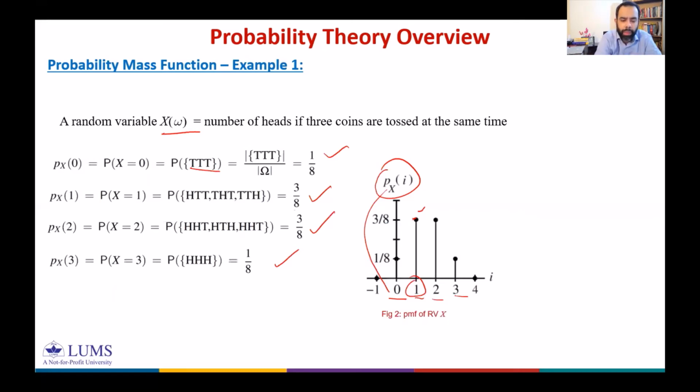And if you sum all of these, 1 over 8, 3 over 8, 3 over 8, 1 over 8, the sum should be equal to 1. And also each of these probabilities should be non-negative. It can be 0, but it cannot be negative.